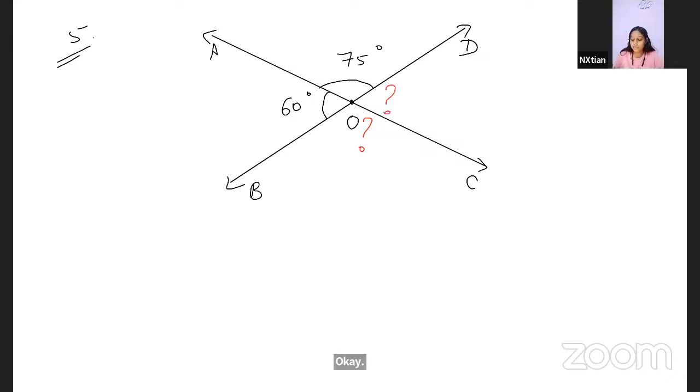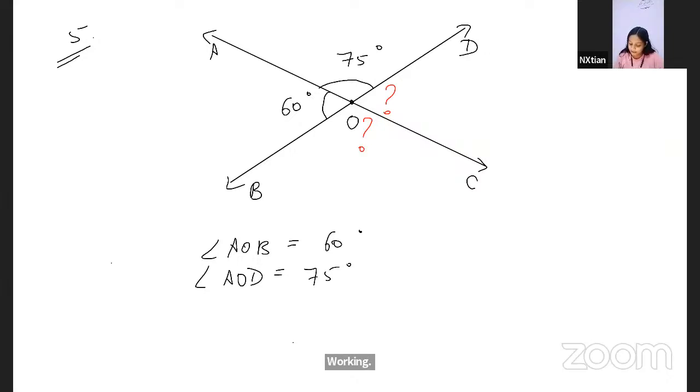We are given angle AOB 60 degrees, and angle AOD 75 degrees.